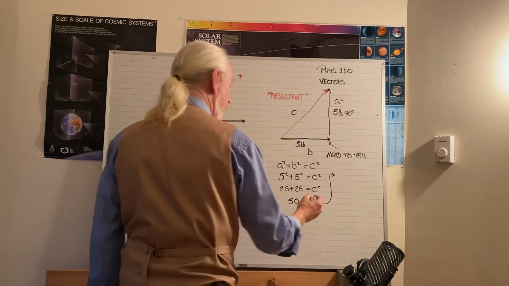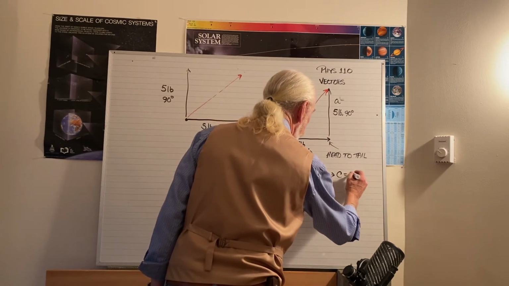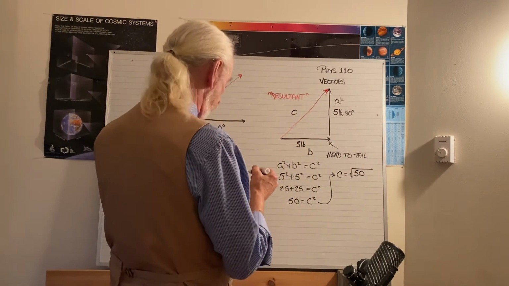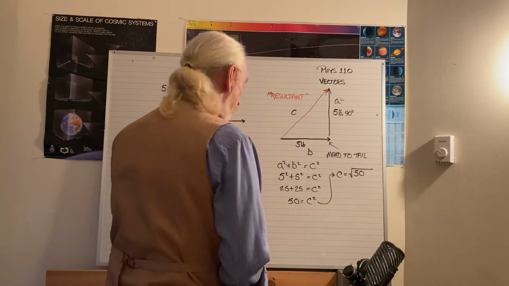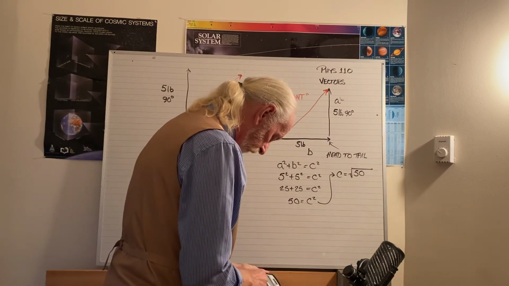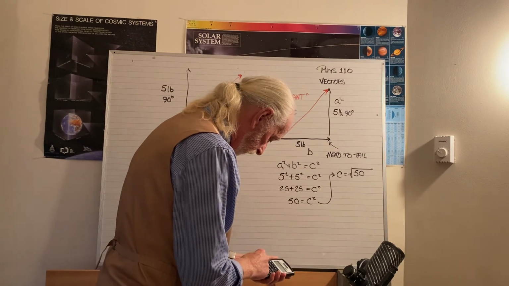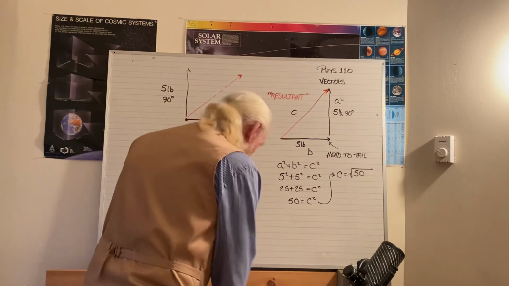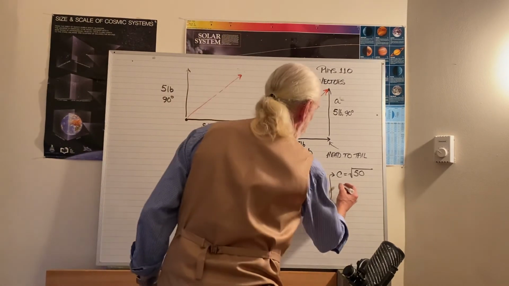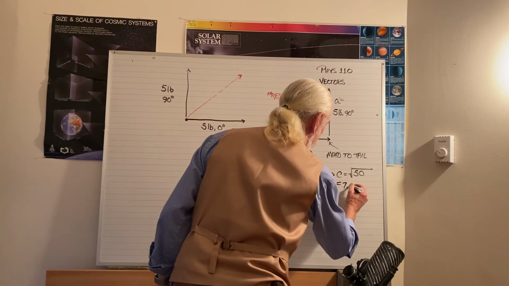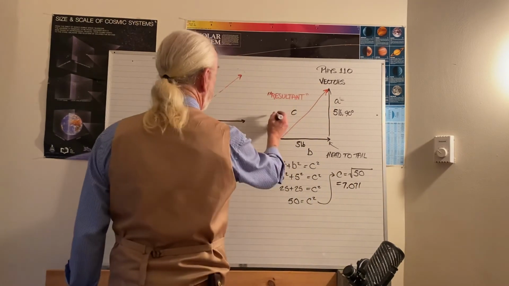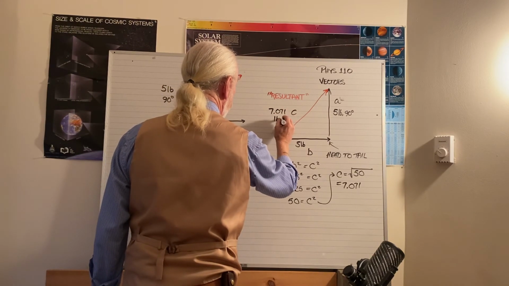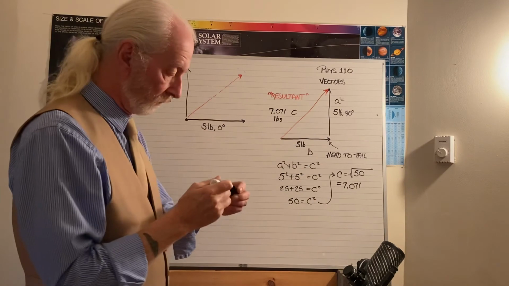And therefore, c will equal the square root of 50, which is 7.071 pounds.